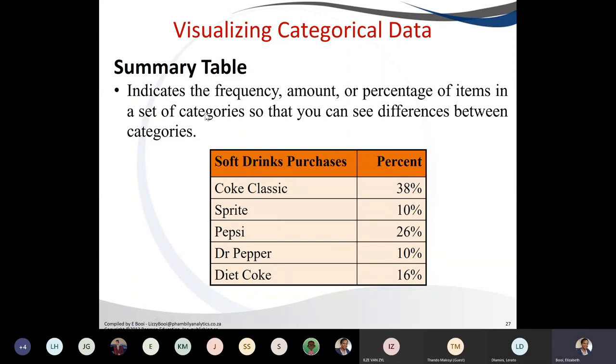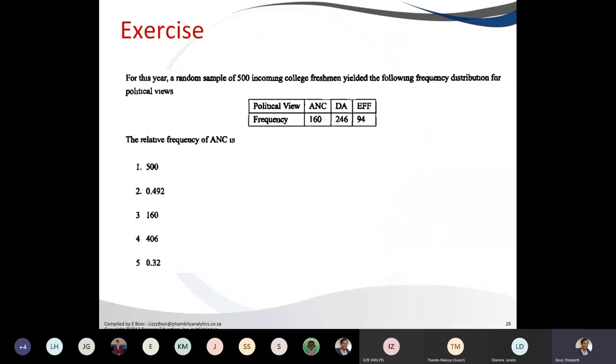All they want to know is, do you know the properties of the table? Do you know that you can only use categorical data to create a summary table? A summary table is made up of categories. So your categorical variable is made up of categories, and you can use the count or the percentages. That's all you need to know.